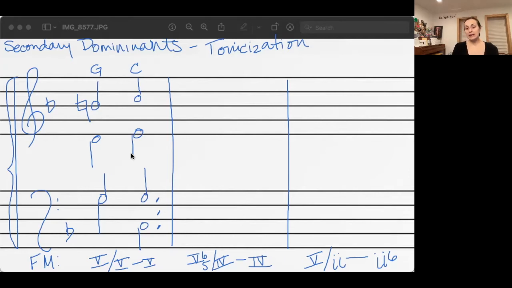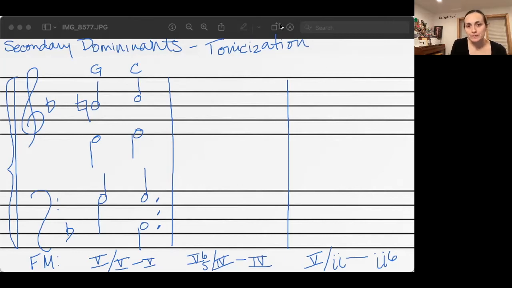If we had a root position 5-7 of 5 going to a root position 5, we would resolve it the same way that we would resolve a root position dominant going to a tonic in root position, which means that we're going to have an incomplete chord.